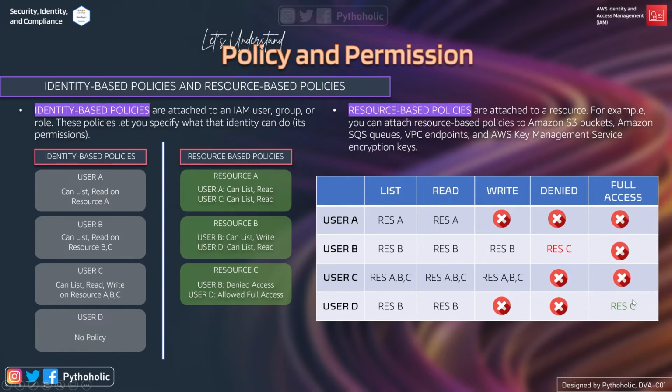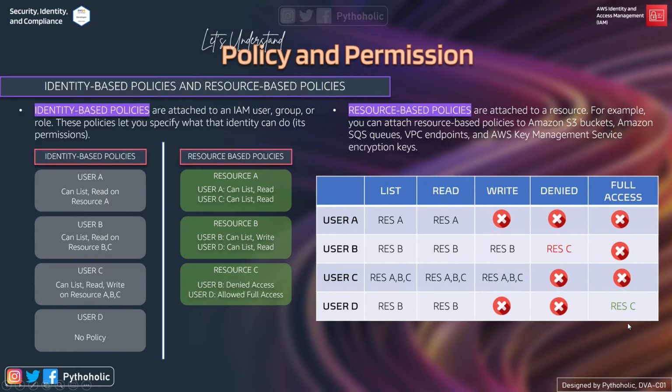As it doesn't have any identity-based policy, and we don't have user D on resource A, whatever applies will be applied on resource B and resource C. That is why user D is able to perform list and read operations on resource B. It does not have write permissions, but it is not totally denied access either. It can still perform all operations on resource C because it has been allowed full access.